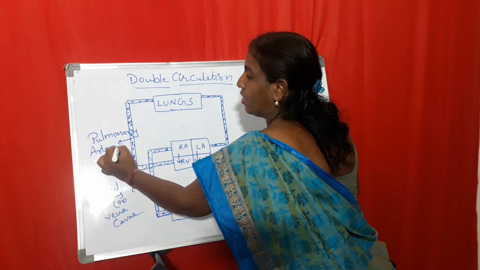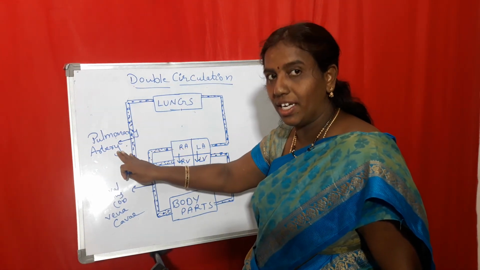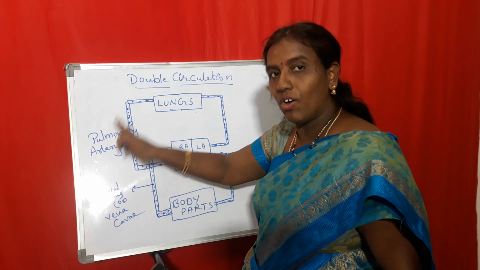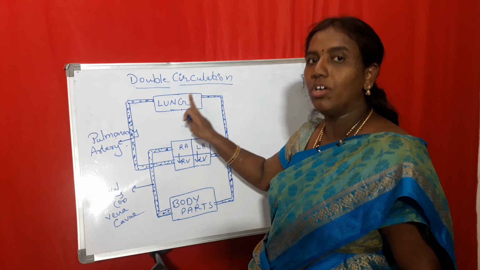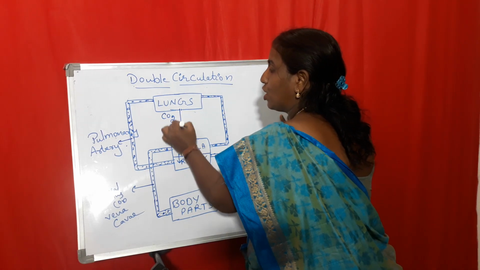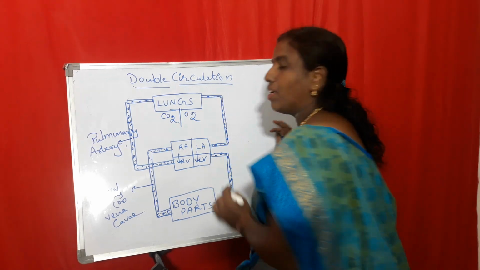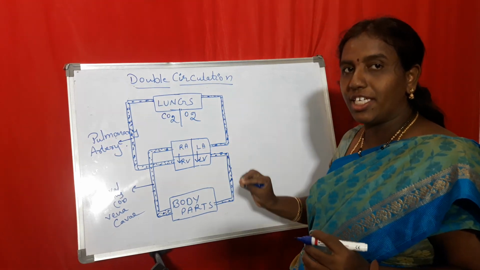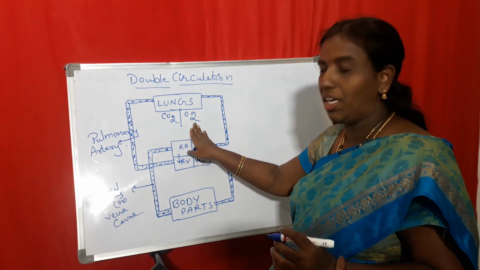Now this pulmonary artery carries deoxygenated blood from right ventricle to lungs. In the lungs, the carbon dioxide rich blood, deoxygenated blood, gets converted to oxygenated blood, which is oxygen rich blood.